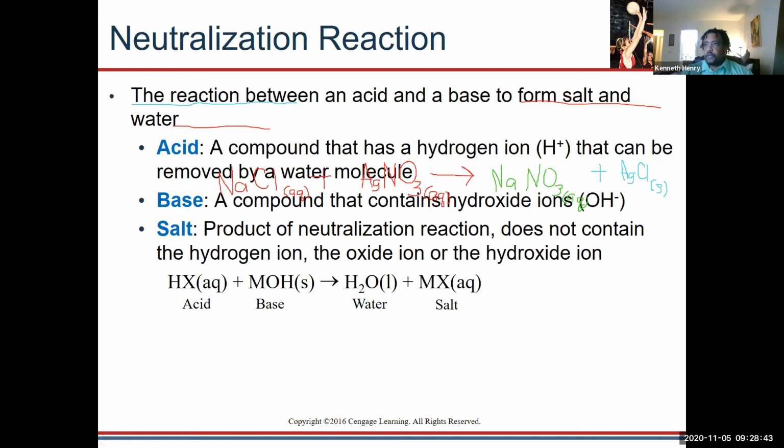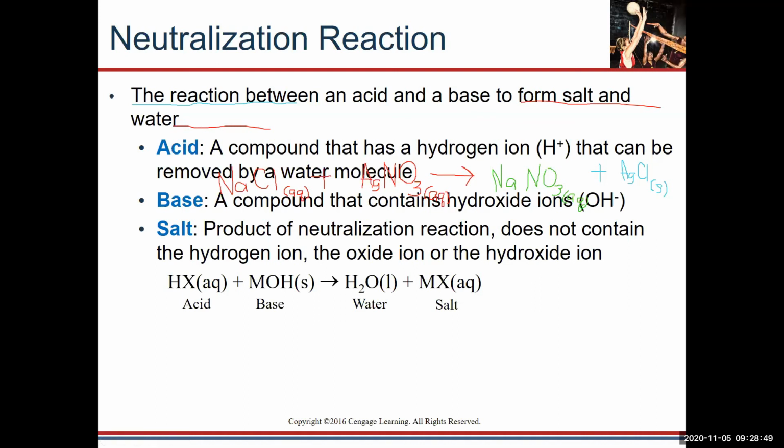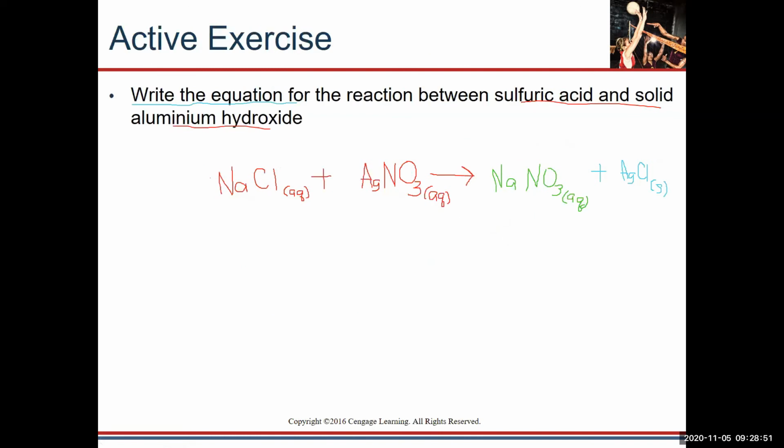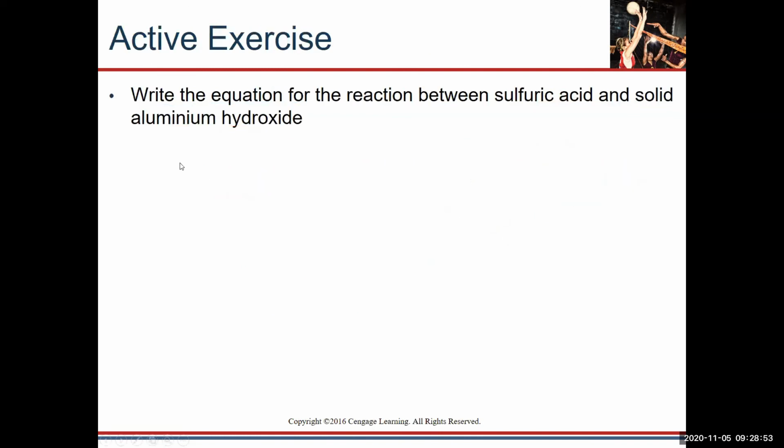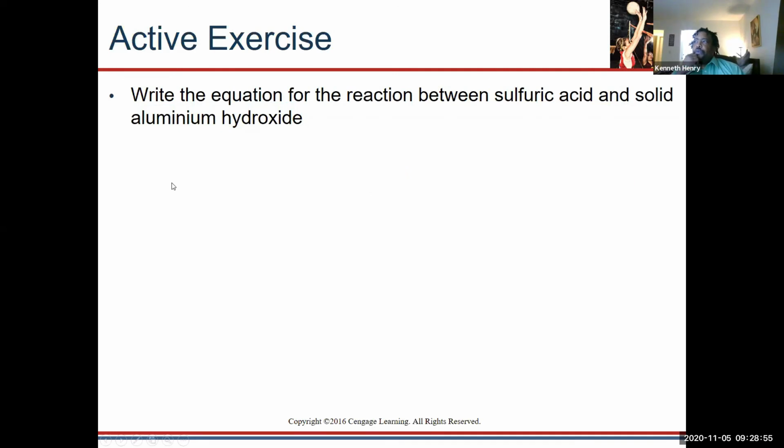So do you want to try an example? Yes. Okay. Write the equation for the reaction between sulfuric acid and aluminum hydroxide. Okay, so we'll make this open because I know you guys are all excited. So, what are the reactants?